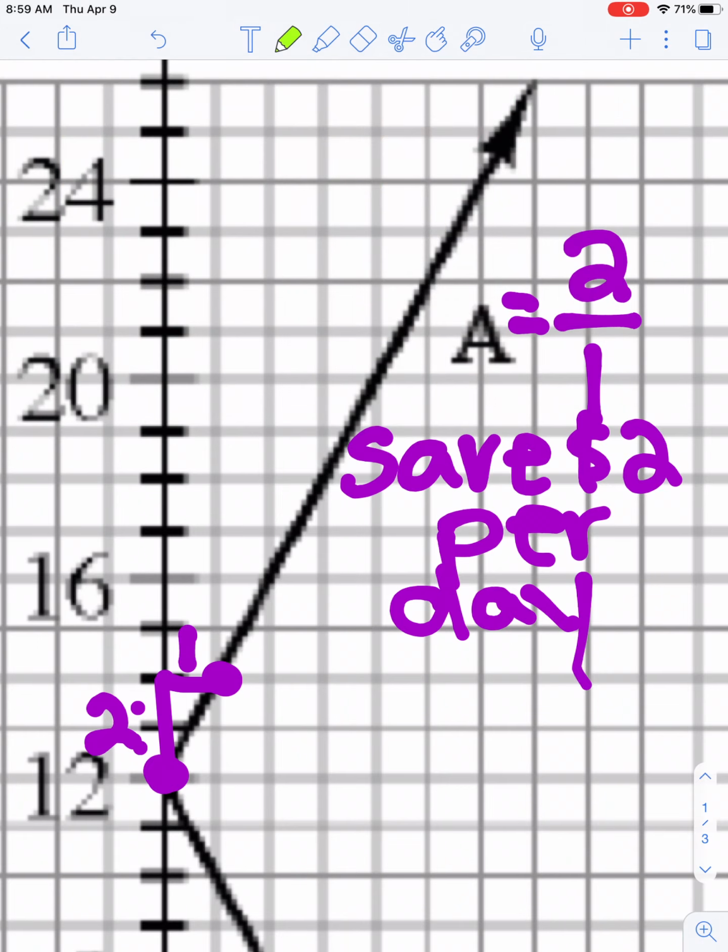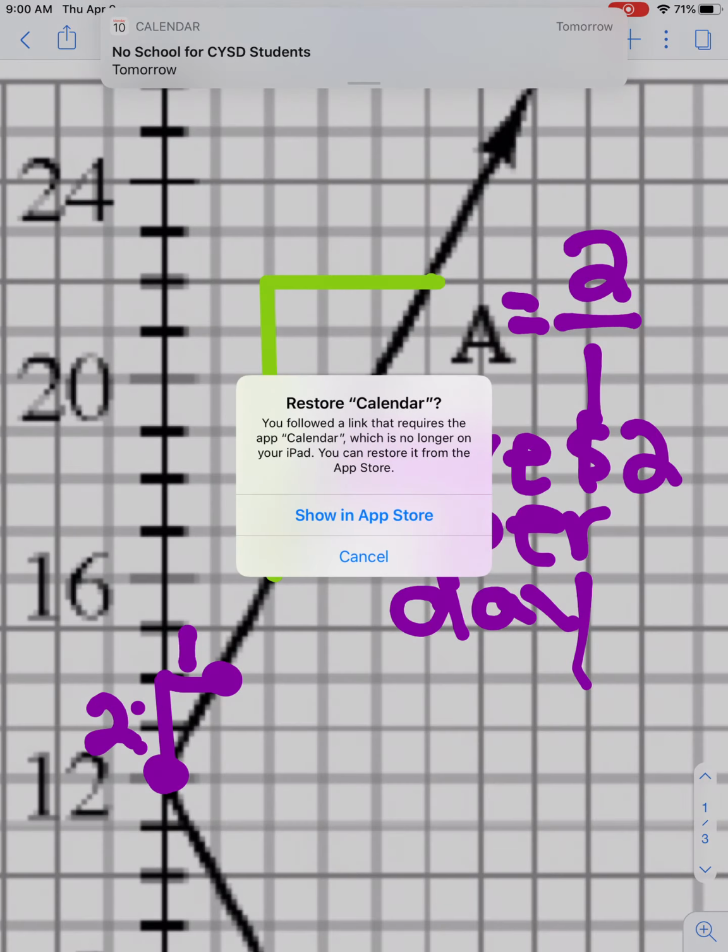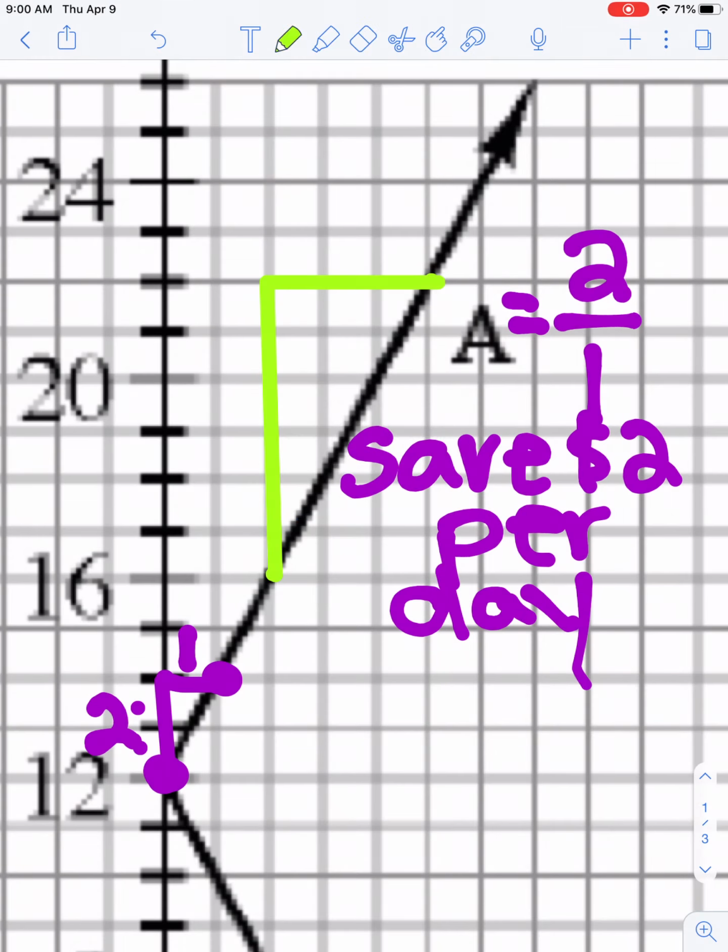So let's use a different color. I could use this point here, and I could use this point up here. So they don't have to be the closest points. The closest points will give you the smallest fraction, and you won't have to reduce it then. Okay, so let's use this slope triangle. Sorry about all those notifications.